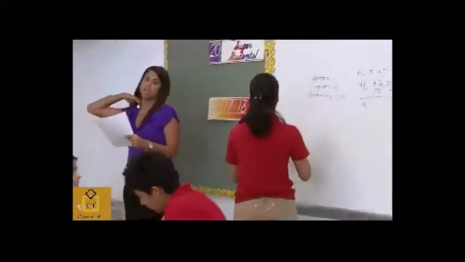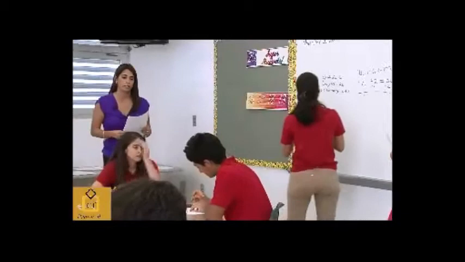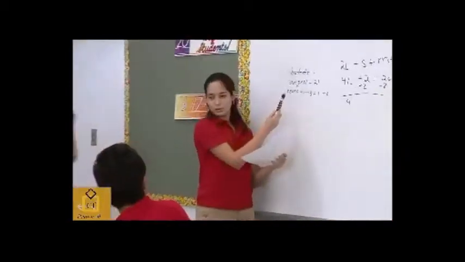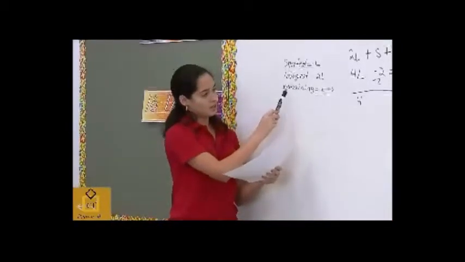Okay, go ahead and turn to the class and explain to them what you decided as a group. The shortest leg is L. Okay, this way so the rest of the class can see you. The longest leg is 2L. And the remaining leg is L plus 2.